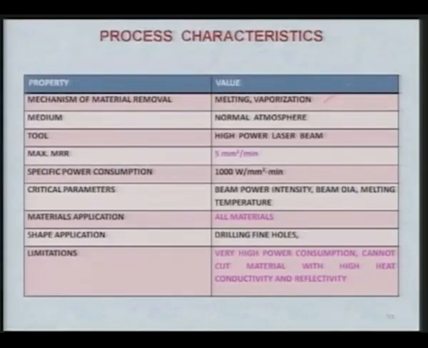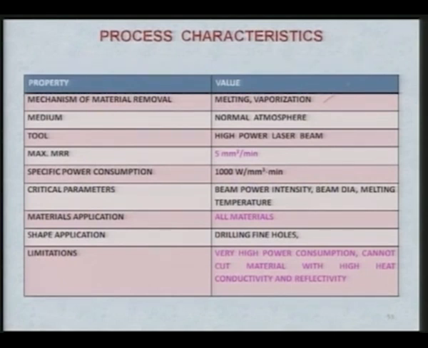Tool is high power laser beam, and maximum material removal rate which researchers and industrialists have observed is very small, 5 millimeter per minute. Specific power consumption is 1000 watts per cubic millimeter per minute.